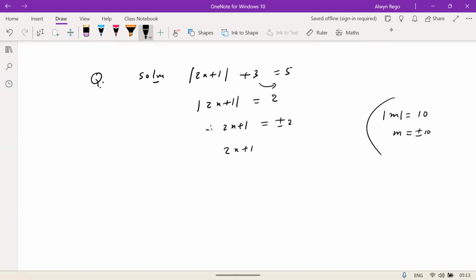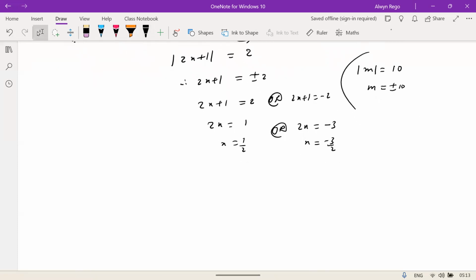Therefore, 2x + 1 = 2, or 2x + 1 = -2. Therefore, 2x = 1, so x = 1/2. Or 2x = -3, so x = -3/2. Equalities always give us solutions, not regions. So the solution here is simply x = 1/2 and x = -3/2.